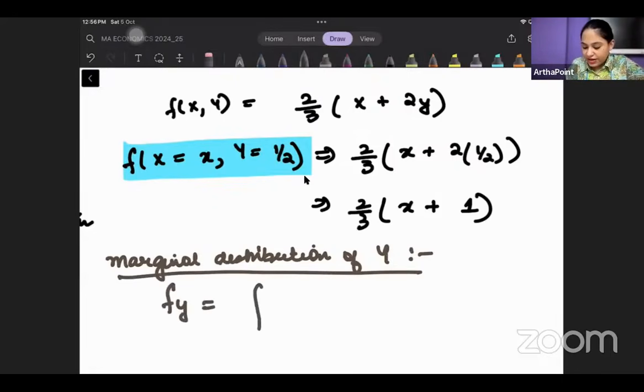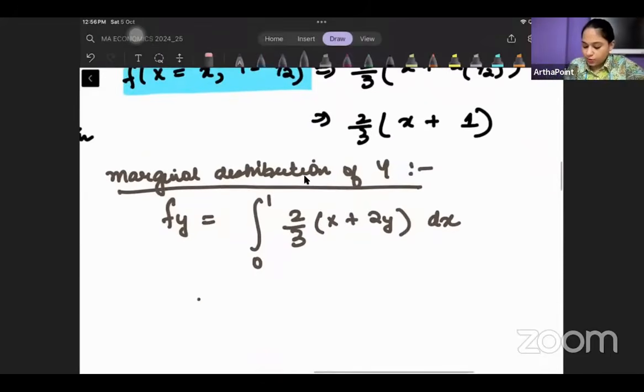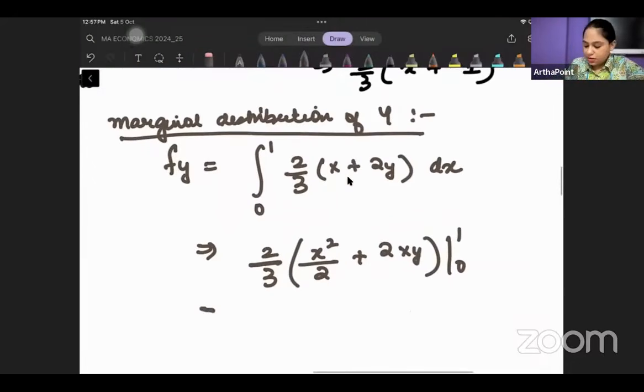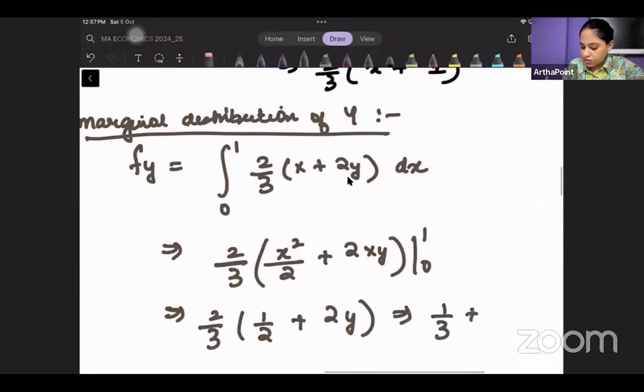I will get integrate 2 by 3 x plus 2y for all possible values of x, x is between 0 and 1. Just integrate it. What will you get? 2 by 3 x square by 2 plus 2xy between 0 and 1. Right? Put the values, get the answer. What will happen? 2 by 3, 1 by 2 plus 2y. This will be 1 by 3 plus 4 by 3y.